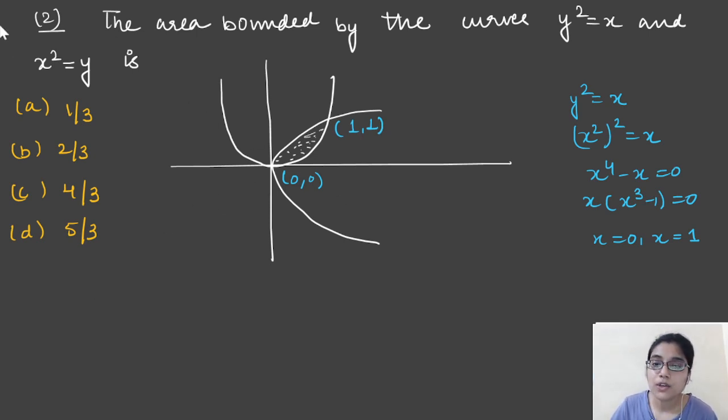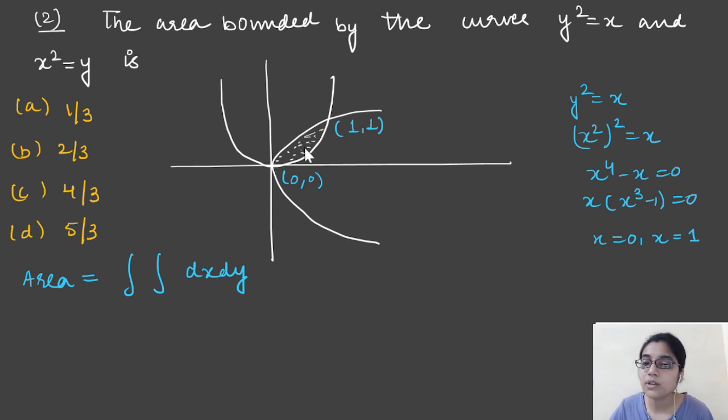In this case you have to find out the area. It is very simple. You will write down the formula, dx dy. Now in this case it is up to you whether you want to find the limit of x in terms of y or y in terms of x, because in both ways the strip that you will draw is going to be the same throughout the region, even if you shift it.